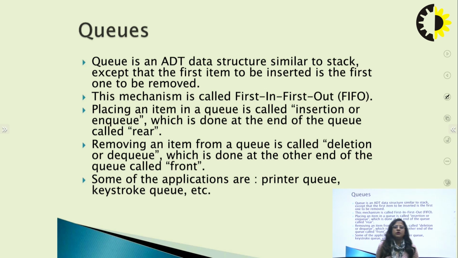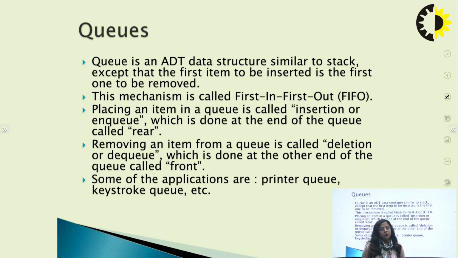So the queue is an ADT. The ADT of a queue is just similar to a stack, except the first item inserted is the first one to be removed. Here in a stack, the last item in your stack is removed first.